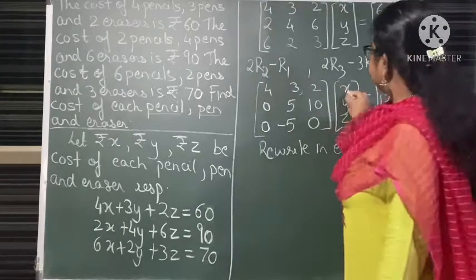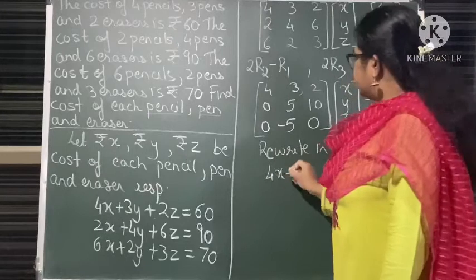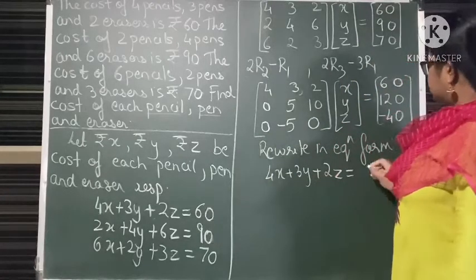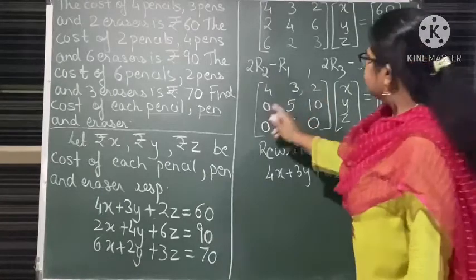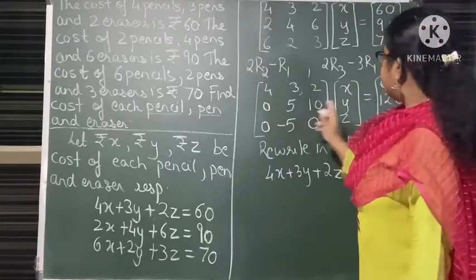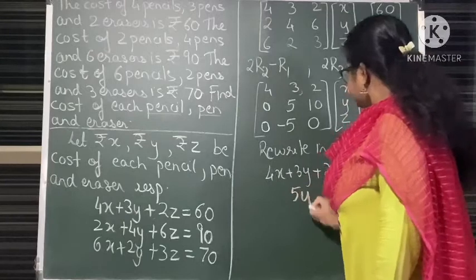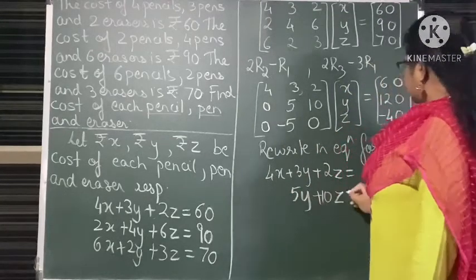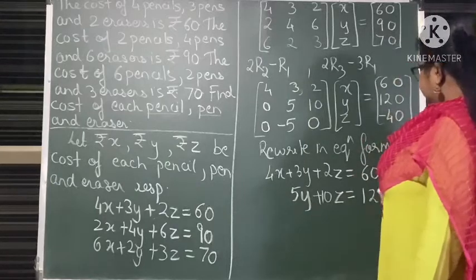So first equation will be 4x plus 3y plus 2z equal to 60. Second equation, 0 into x is 0, 5 into y and 10 into z, 10z is equal to 120.